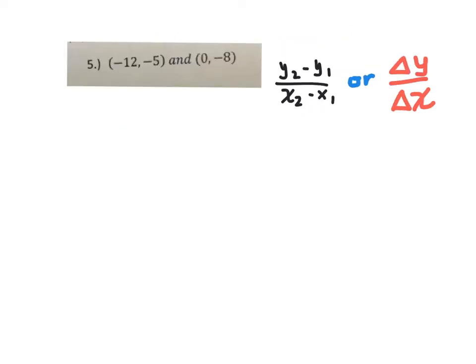Okay, same thing for number 5. We can use our formula. I'm going to do the same process where I label the ordered pairs and then I use the formula delta y over delta x, or subtract the y values and then subtract the x values. Remember, I label it x, y, and then I'm going to call these my 1s, and then x and y, and I'll call the second ordered pair my 2s.